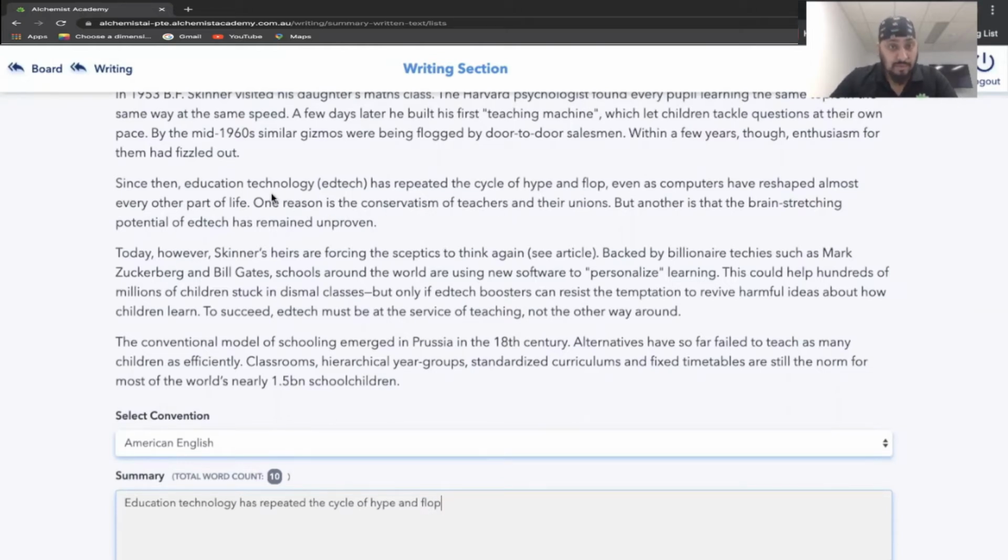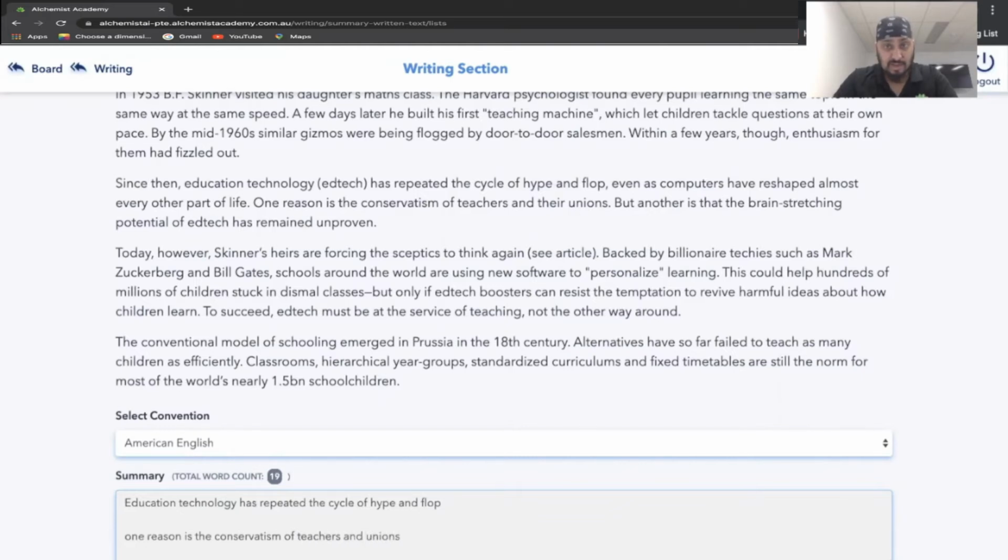If you look at this, one reason is the conservatism of teachers and the union. So I'll just write it separately over here. One reason is the conservatism of teachers and unions.